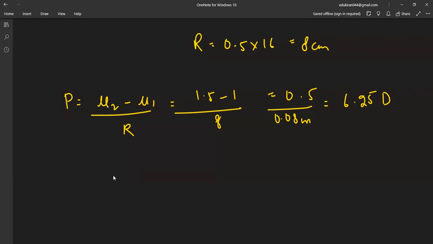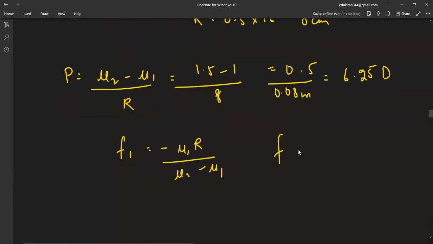There is one more shortcut formula to find the focal length directly. You can write F1 equals minus mu1 by R, mu2 minus mu1. When you have two foci, in a case like this, for F2 also you can substitute: plus mu2 by R, mu2 minus mu1. You can substitute all the values; F1 you will get, F2 you will get. Let me put in F1 and check.